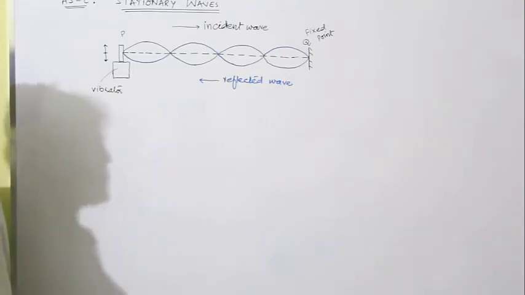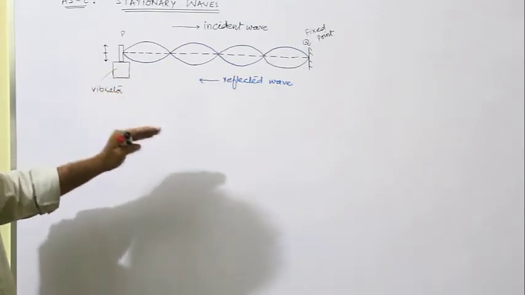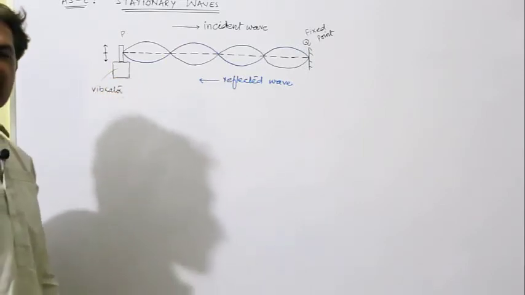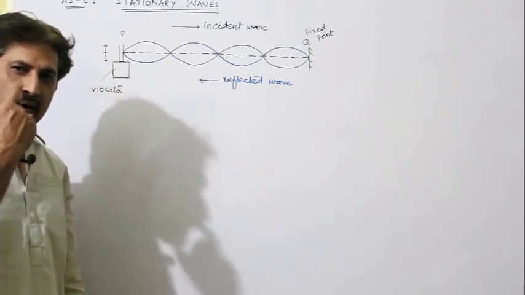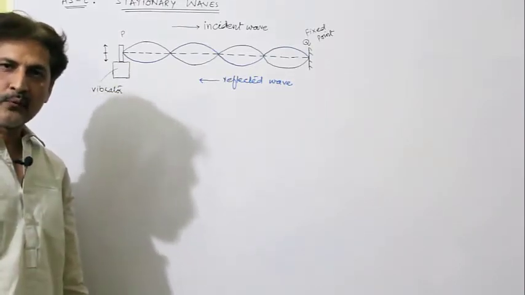That's why I am repeating here. The generated incident waves and the reflected waves are produced in the same medium, and they have the same speed, same frequency, and the same wavelength.